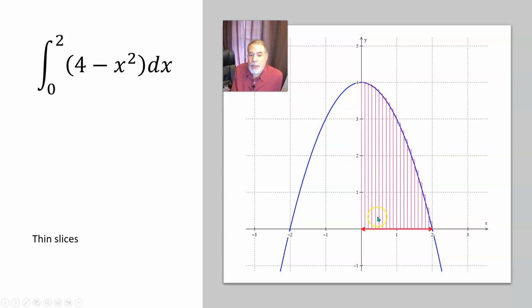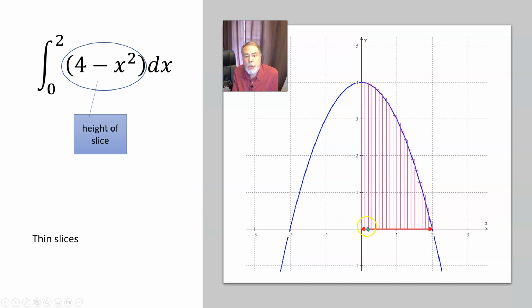Each skinny rectangle would have an area that we could calculate by taking its width times its height. And then if we add up all the areas of all those skinny rectangles, the sum that we get should be close to the total area of the region under the curve.